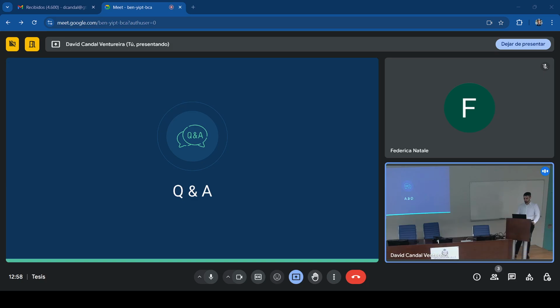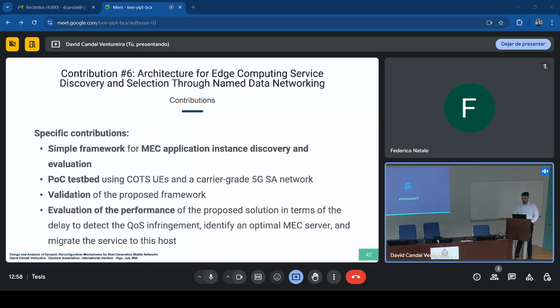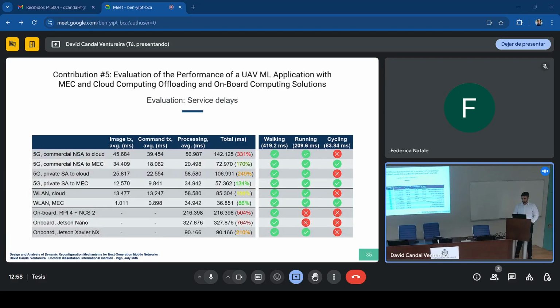So then, the next question is related to the drone application, the computation upload. You have shown some delay values, in that table on the right. I guess that those are the delay budgets for different applications. For our application, yeah.